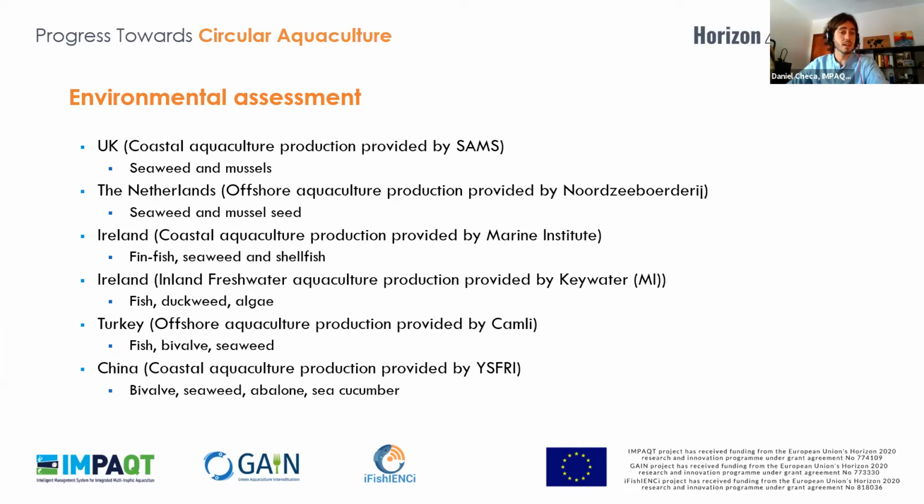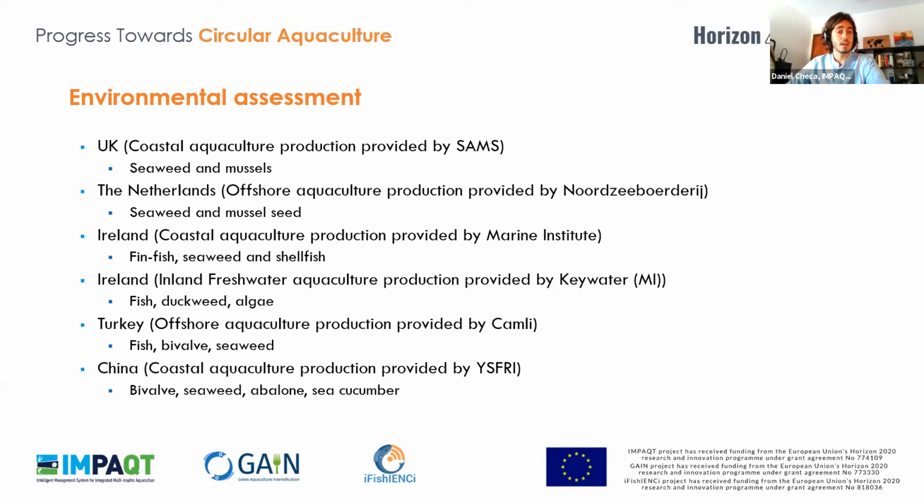Then the second, Netherlands, offshore aquaculture production provided by North Sea Farm, in which we have seaweed and mussels as well. Then in Ireland, a coastal aquaculture production provided by Marine Institute with finfish, seaweed and shellfish.